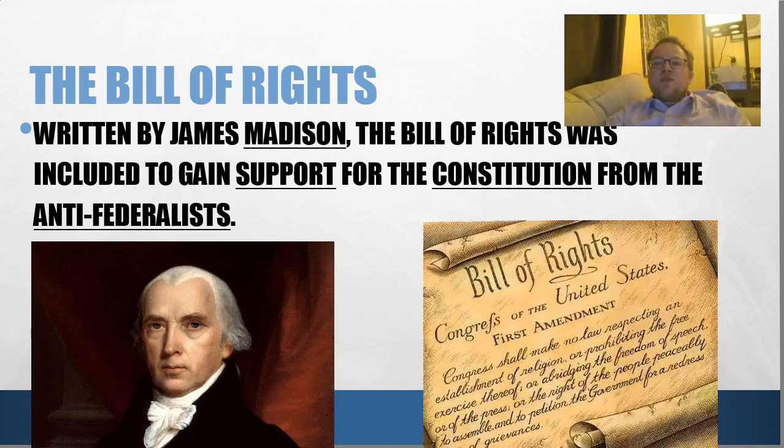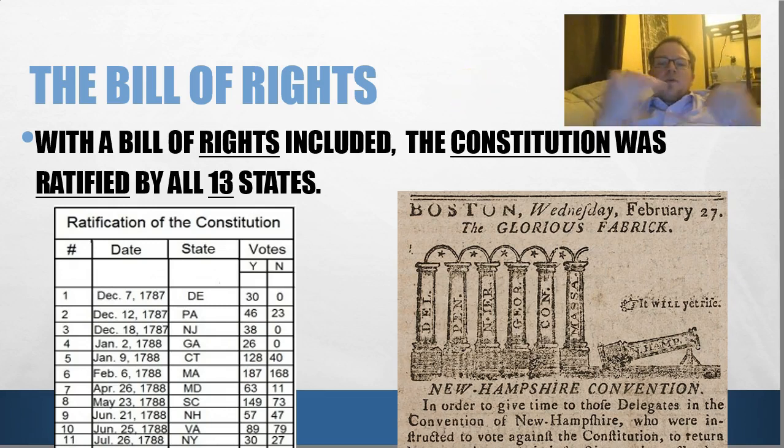The rest of the Constitution is all about the division of state and local power, national powers, what the Congress can do, what the Senate can do, etc. This is the only portion where they talk about individual rights, and it was created to get the Constitution support from the Anti-Federalists. With the Bill of Rights included, the Constitution was quickly ratified by 13 states.